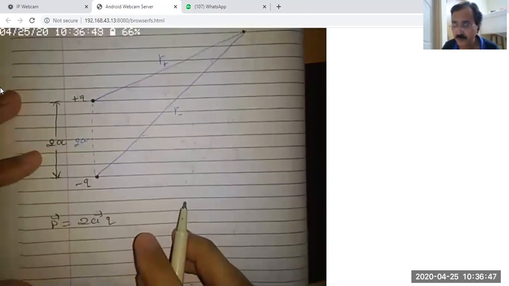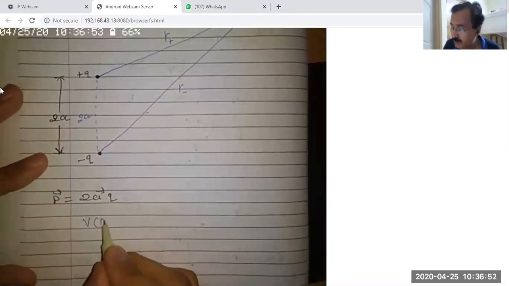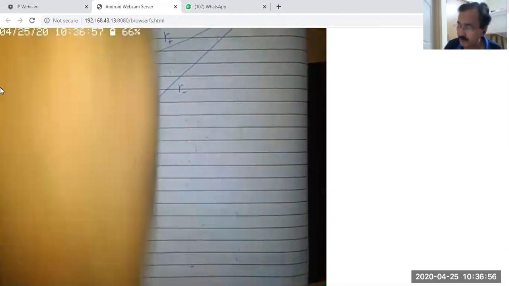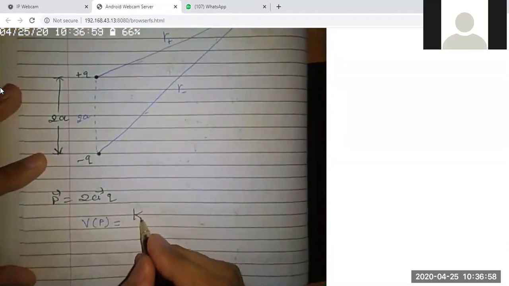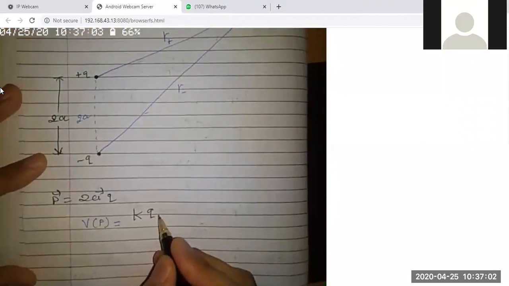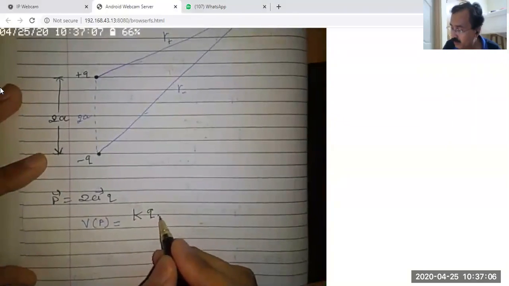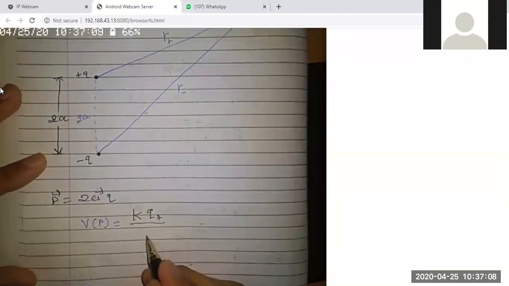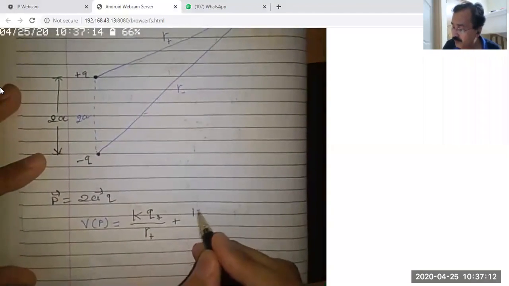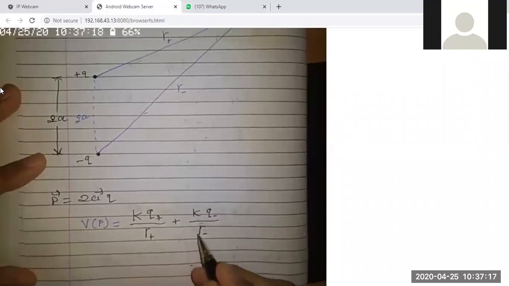So the potential at P, Vp, can be written as KQ plus divided by R plus, plus K times Q minus divided by R minus.